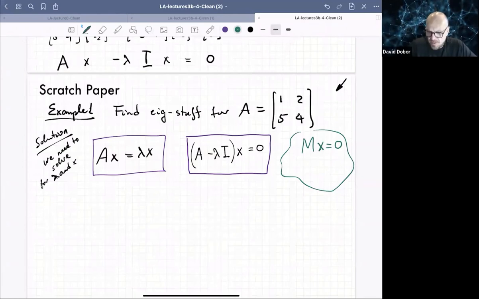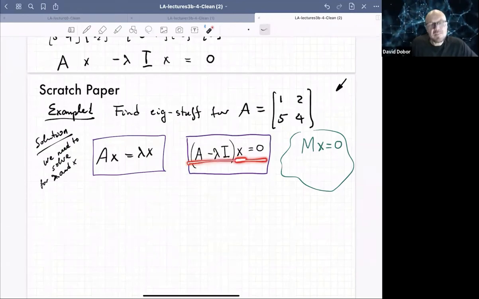The question now becomes, because I am looking for non-zero x's: well, 0 always solves this system of equations. When I'm looking for eigenvectors, I'm looking for non-zero eigenvectors. Zero eigenvectors are of no interest to me.